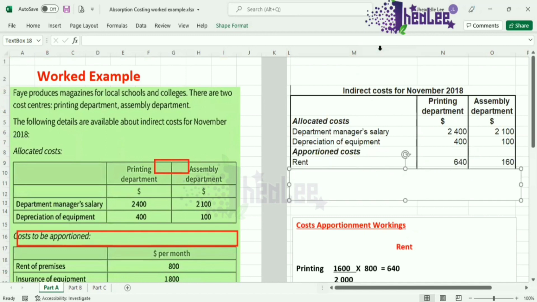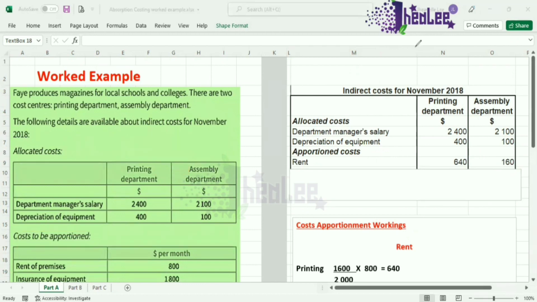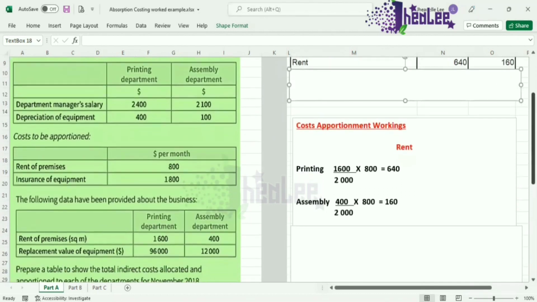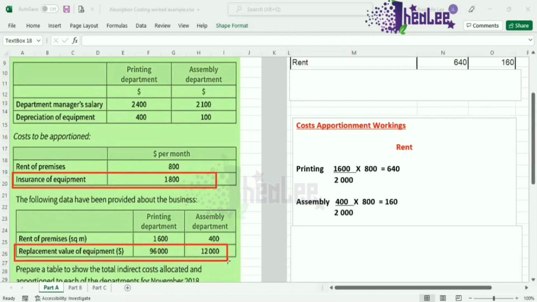We're now going to move on to calculating the cost as it relates to the insurance of equipment. For the insurance of equipment, the figures that we are going to pick up are the insurance value for the month, which is 1,800, and we're going to use the replacement value of equipment.